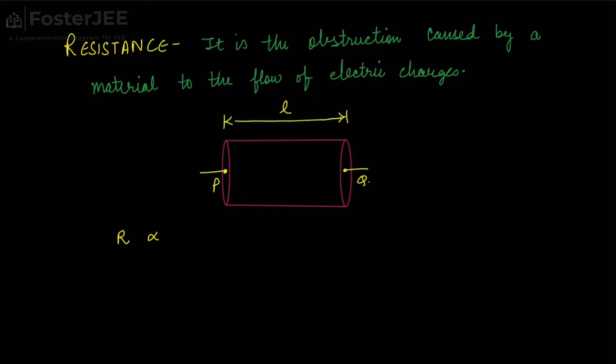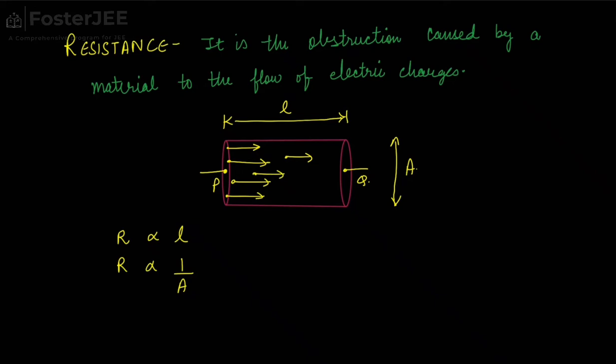The more the length, the more atoms there will be present in the material and more will be the collisions, so more is the resistance. Similarly, it also depends upon the area of cross section of the material, and it depends inversely on the area, as the more the area, the more the space available for the electron to move.